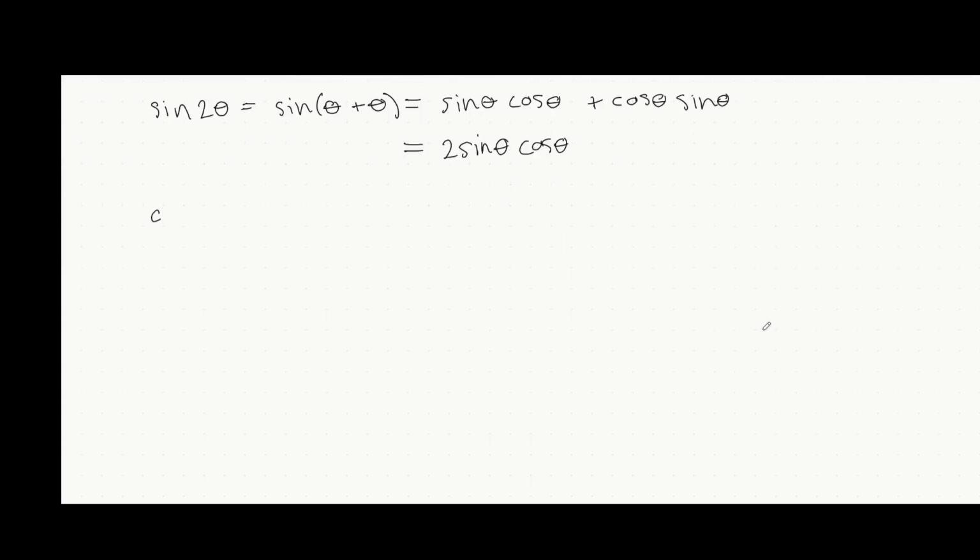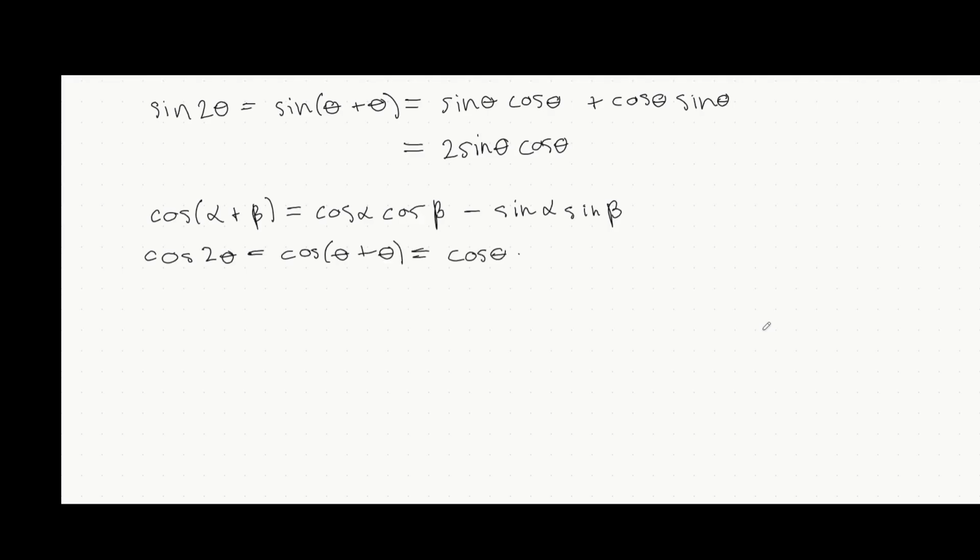So for cosine 2 theta, we're going to use a similar argument. So we'll start with the angle sum formula. So cosine, cosine, sine, sine, and we will just take 2 of the same theta.